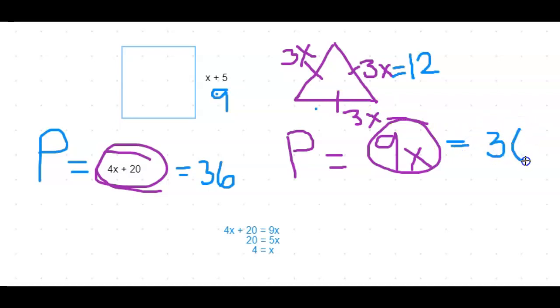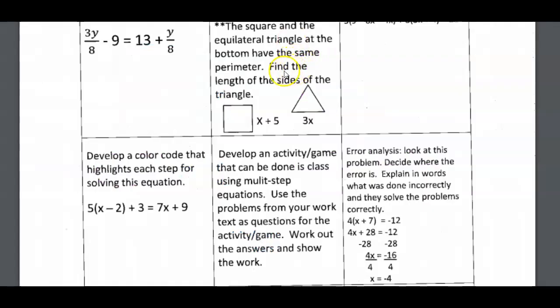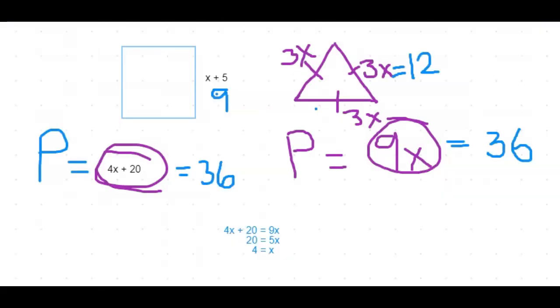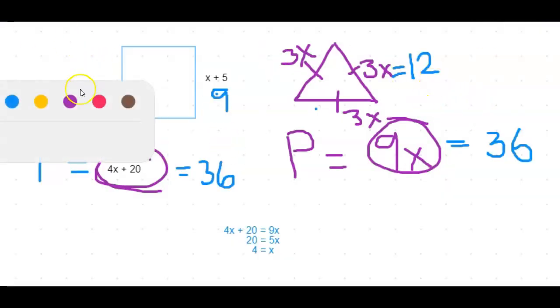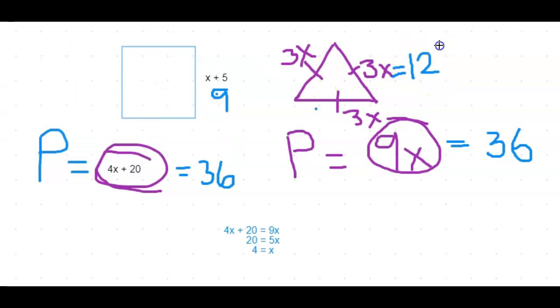And just like the problem told me, yes, the perimeters of these two things are equal in value. So let's go back to the actual question. The question was, find the length of the sides of the triangle. So what is the length of a side of the triangle? The length is 12.